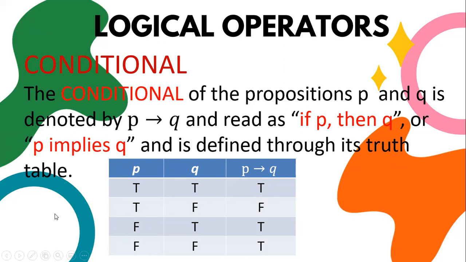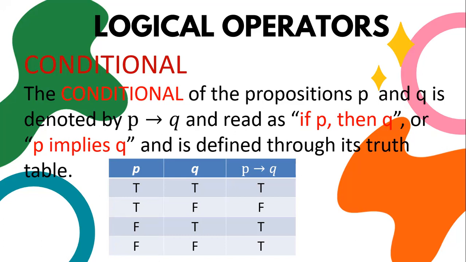Okay po? So again ha, yung negation madali lang naman. Siyempre, kapag true, false yung negation niya. Kapag false, true yung negation niya. Sa conditional, ang true lang ay kapag parehas na true. Conjunction, kapag parehas na true, yun lang yung true, all the rest ay false.